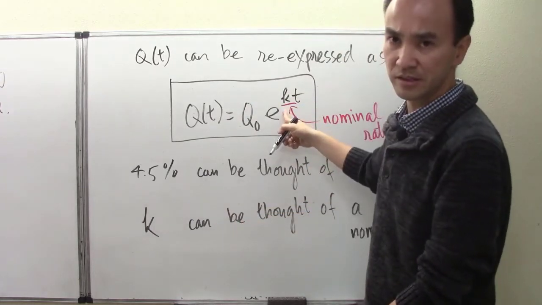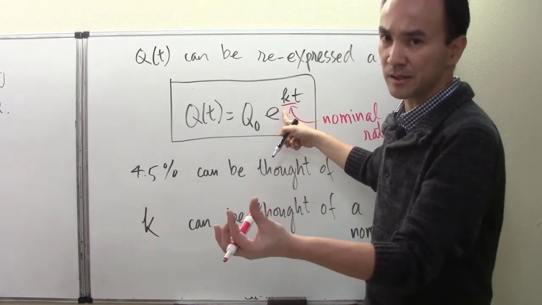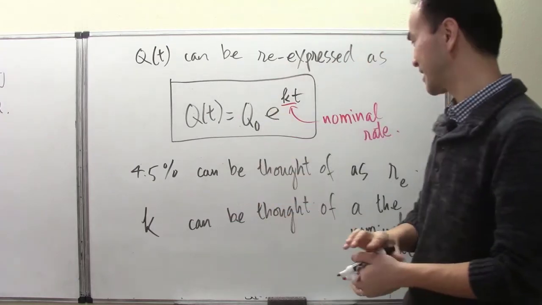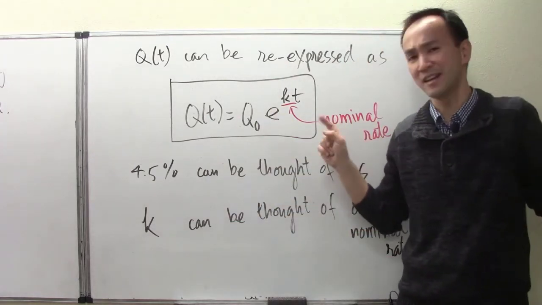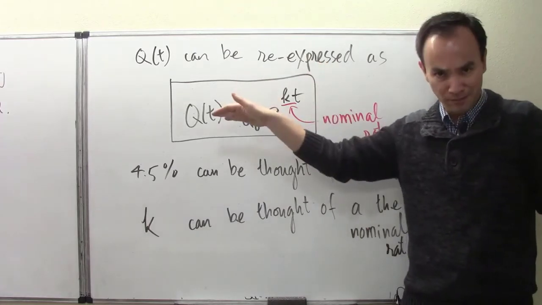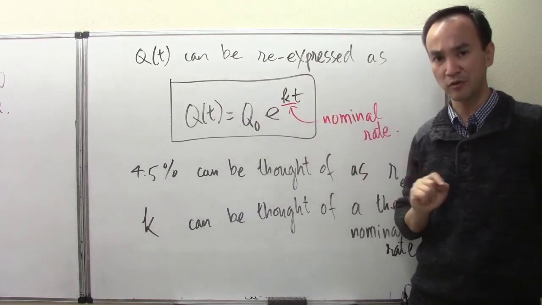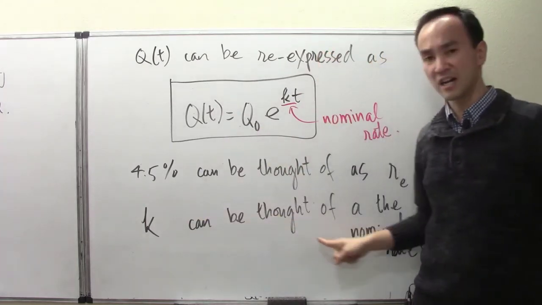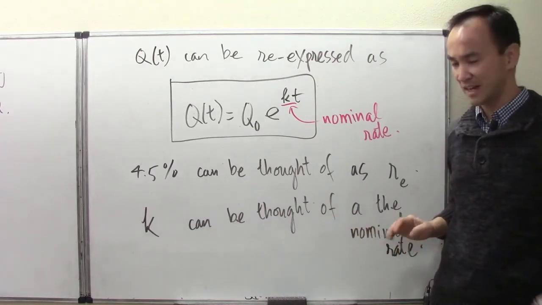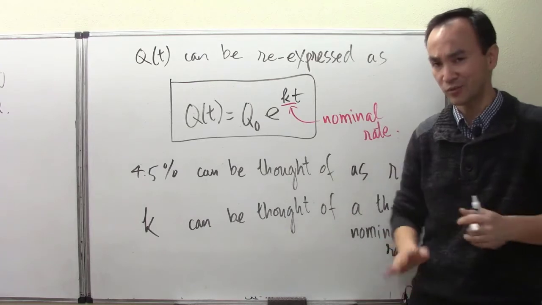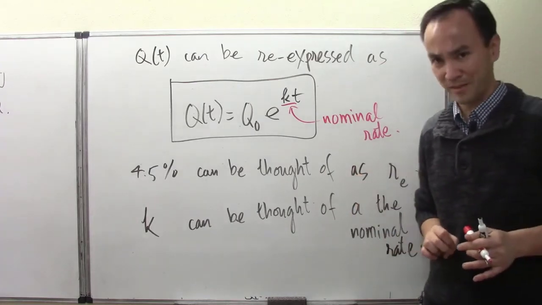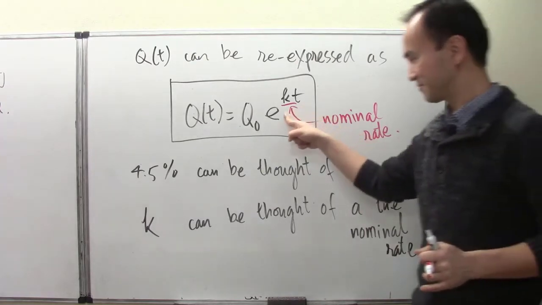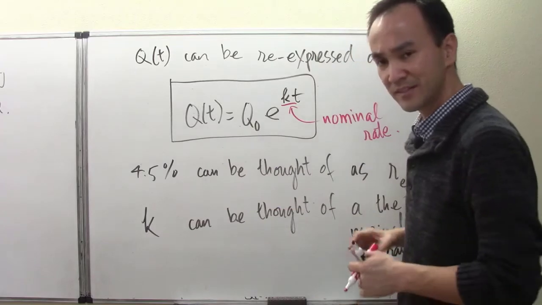The only challenge for us right now, we may struggle a little bit, but we will overcome it, is to find out what that k value is. For now I'm writing the term nominal rate here because if this was a money problem, then yes, that k was the nominal rate. As we're thinking of this population, k can be thought of as the nominal rate, but I keep saying it's not exactly, because we're no longer doing money math. I will eventually mention all of those terms.